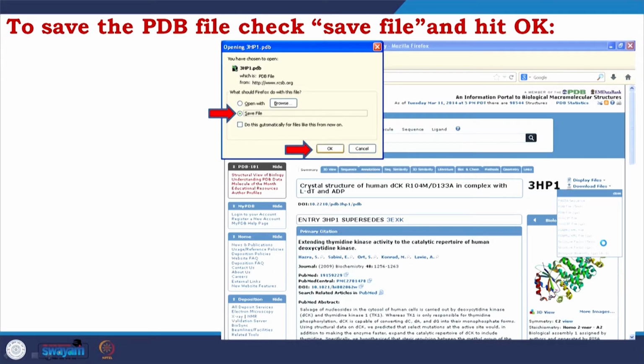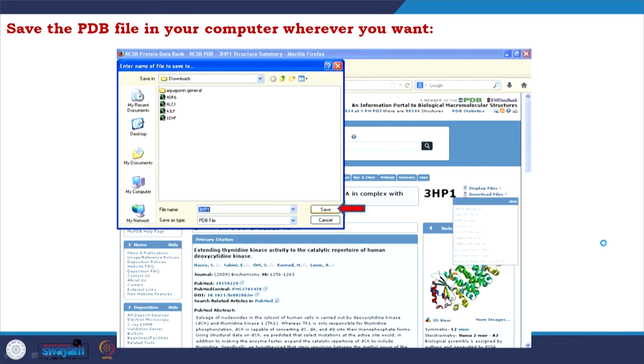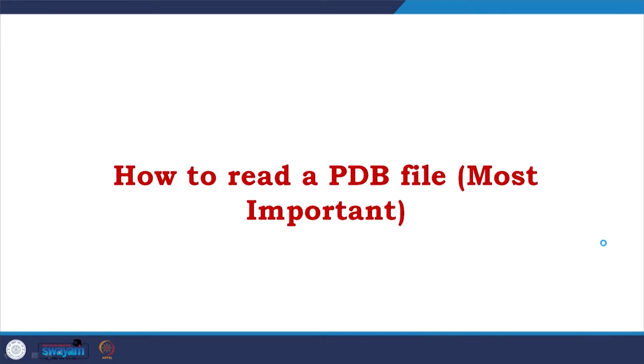I am talking about the old structures, because those factors were not taken care, might be one of the reasons. And now when we are checking it for new structures, we check all the factors before even the final deposition and entry. So, now we get the PDB 3HP1.pdb and we save it to files.